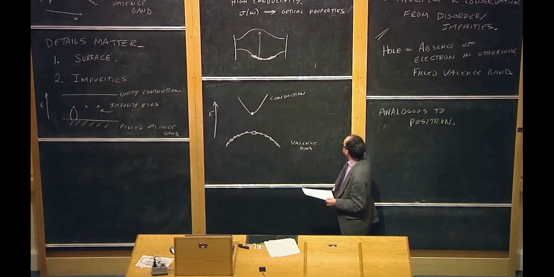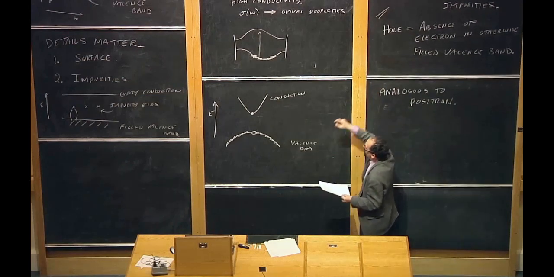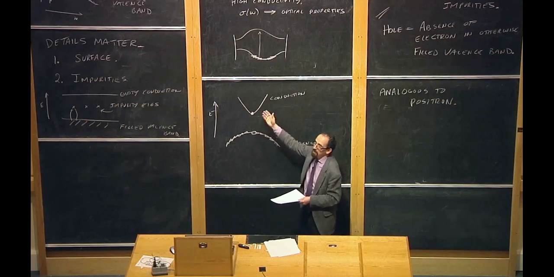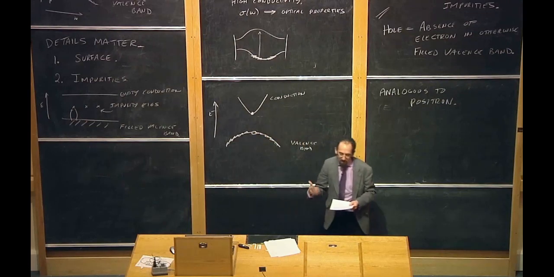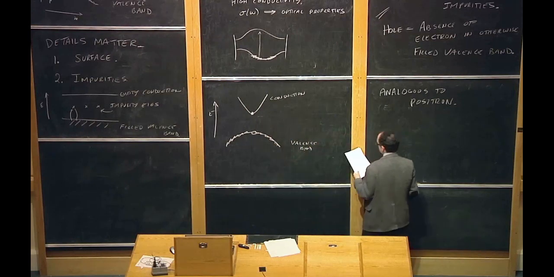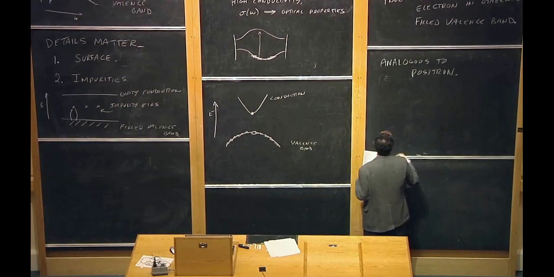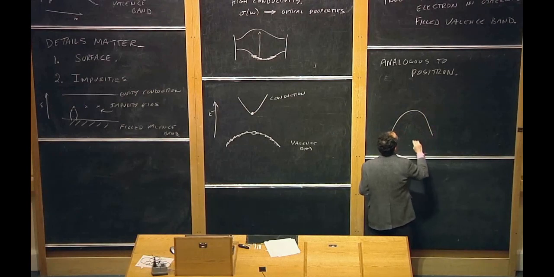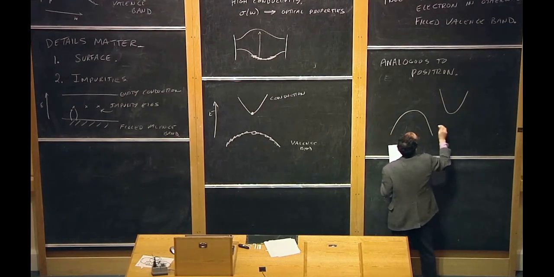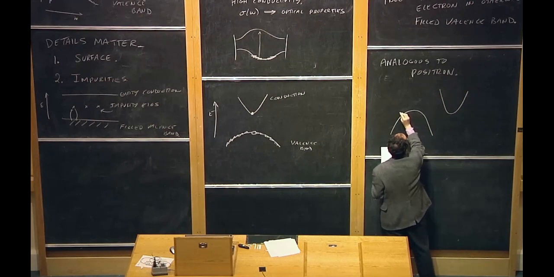So this is one way you can arrange to get holes in the valence band or electrons in the conduction band: by adding energy, either light energy or thermal energy, to excite someone up from the valence band into the conduction band. There's another way you could get holes in your valence band and electrons in your conduction band, which is to get the bands to overlap. Let's see if I've drawn this right. So here's my otherwise filled valence band.